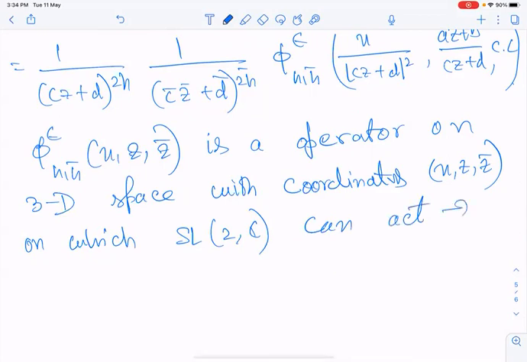And how does this act? This is this law.